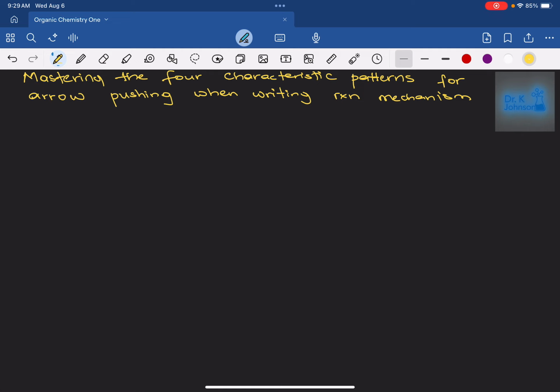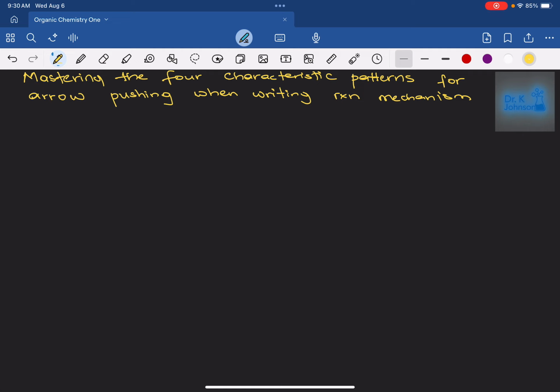Generally, it's some combination of the four, right? But if you understand the arrow pushing in these four patterns, then you'll be able to write mechanisms for any reaction or come up with new mechanisms for new reactions, right? So we're going to look at the patterns one by one.